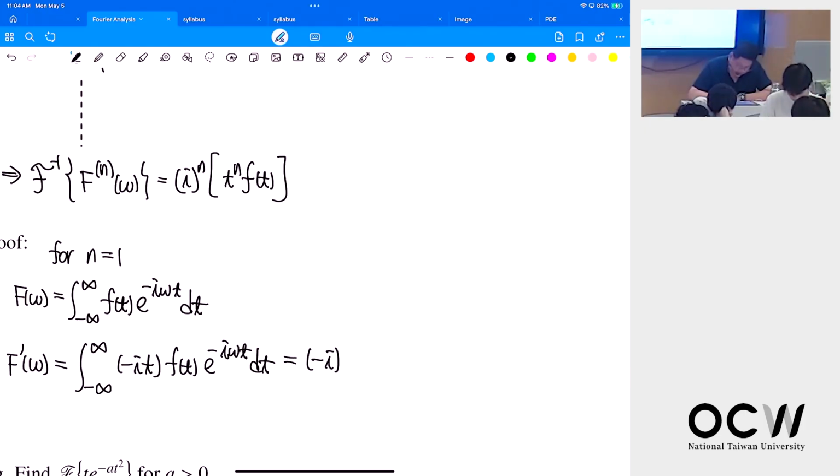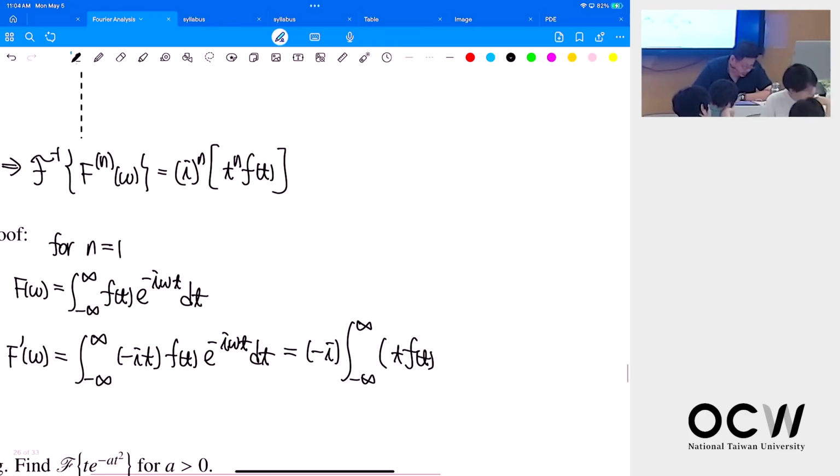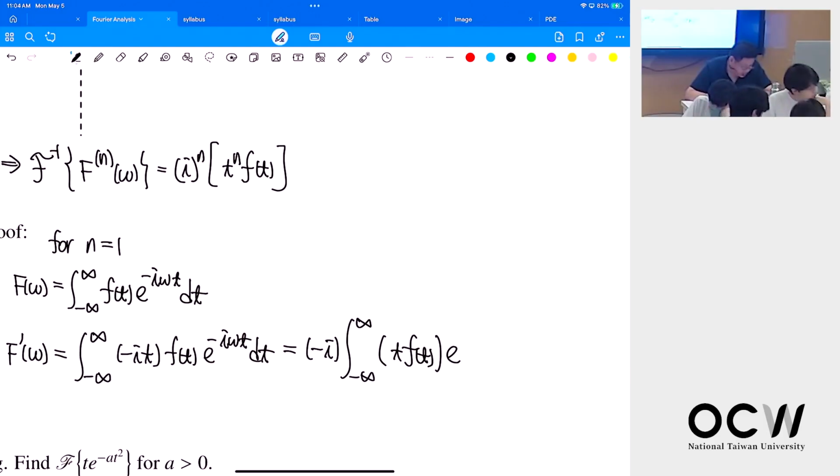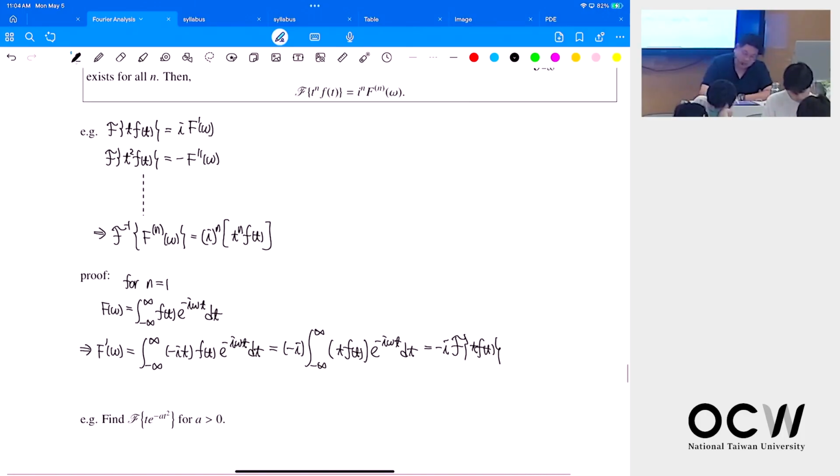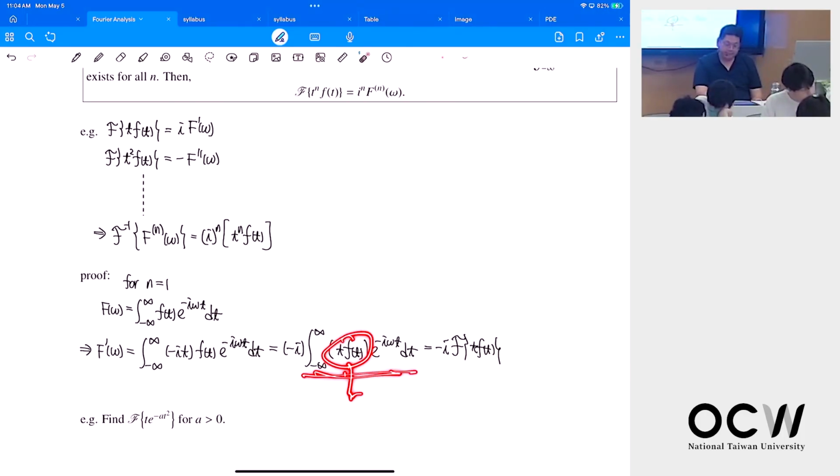So it will be minus i and the integration of t times f of t times the exponential minus i omega t dt. So that is minus i times the Fourier transform of t times your function. This is also the Fourier transform of this function, t times f of t.